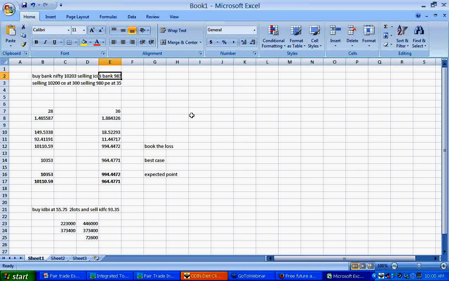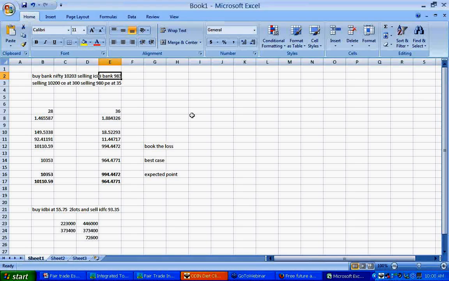IDBI and IDFC: I am recommending to buy 2 lots of IDBI at 55.75 and sell IDFC at 93.35. So 2 lots IDBI buy and 1 lot IDFC sell. Currently correlation is pretty good, but it may change in future.